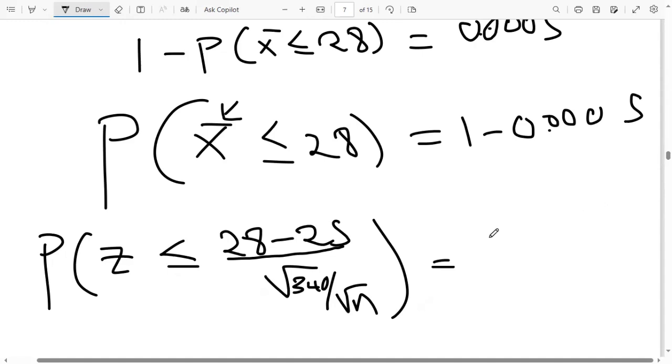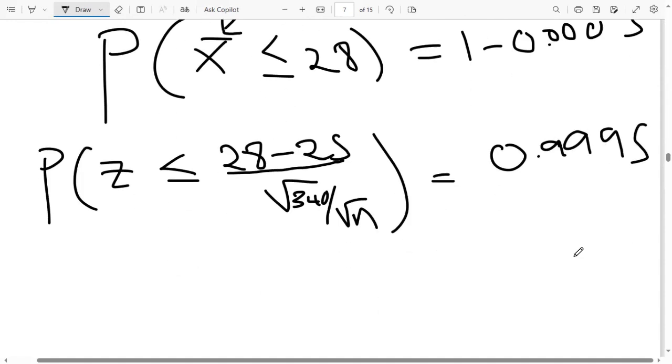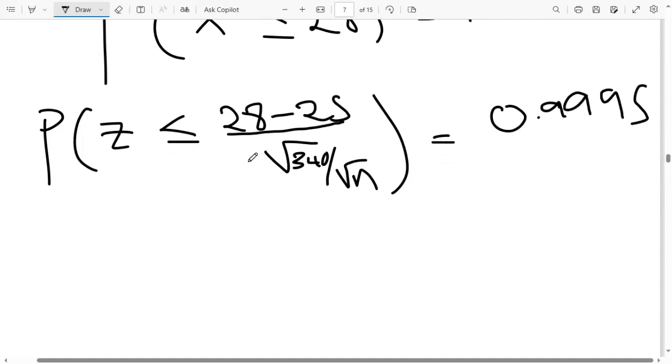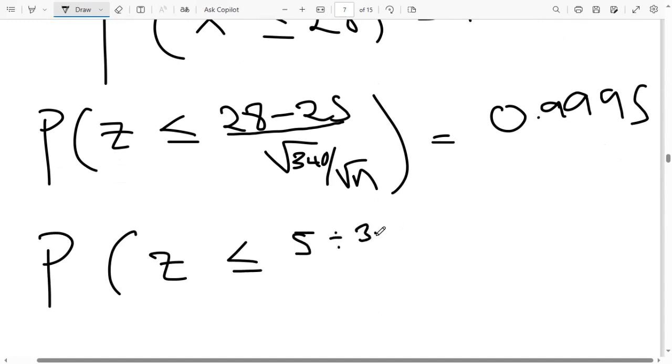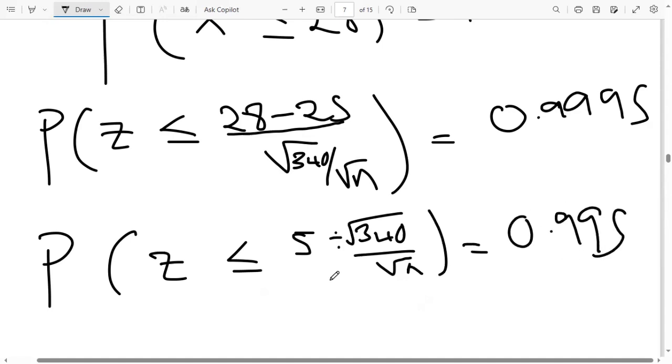Okay, so from this, I'm going to have 0.9995. And then let's simplify this. So this will be P(Z less than or equal to 5 divided by the square root of 340 divided by the square root of n) equals 0.9995.